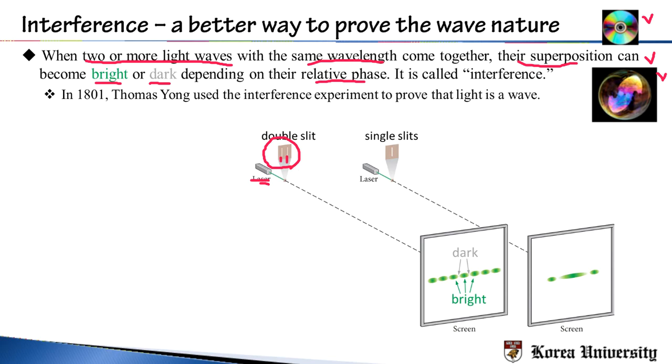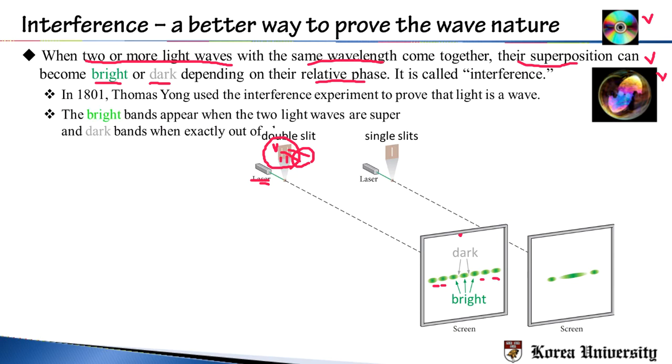The two light waves arrive at the screen, and what he observed was a repeating pattern of bright and dark spots. Of course, the number of bright spots was a lot more than the number of slits, which was just two. So how did he explain it?